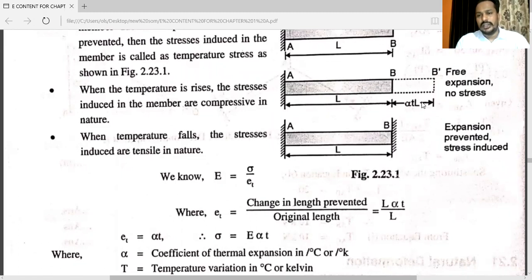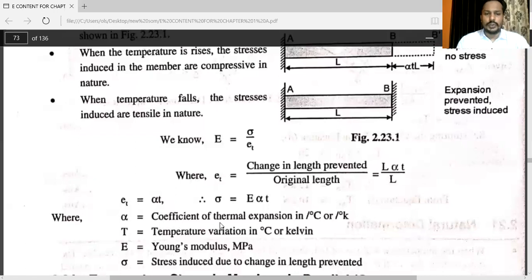This is the change in length prevented, that is alpha into T into L. So here you can see the formula L into alpha T upon L, so the strain is alpha into T. So here the formula is stress is equal to Young's modulus into alpha T.